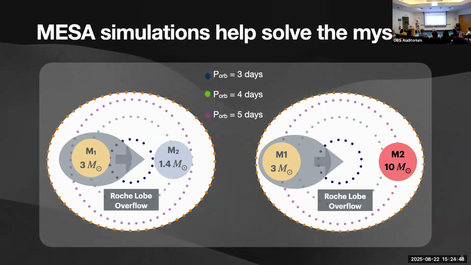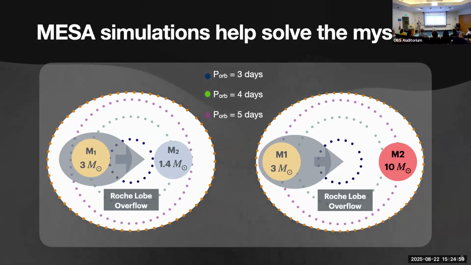The innermost circle would be a 3-day orbital period.